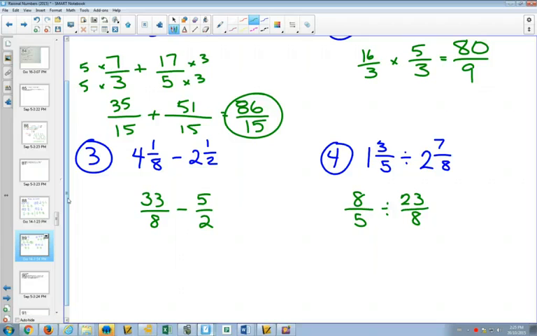Okay, we're subtracting. What is the lowest common denominator between 8 and 2? It is 8. So in order to get an 8 here, you need to multiply both by 4, which would be 20.